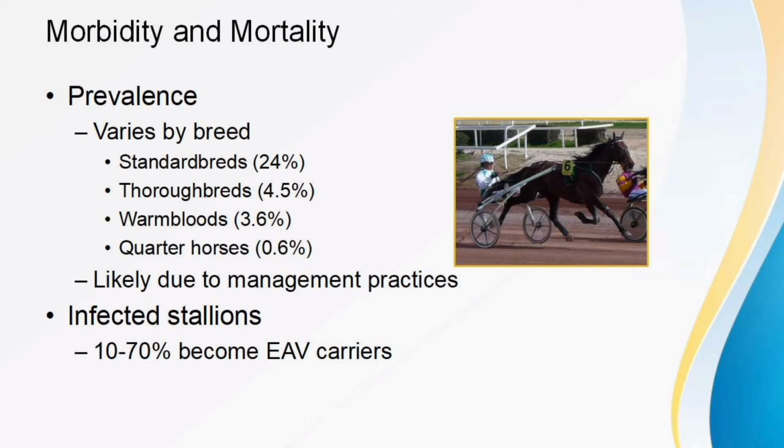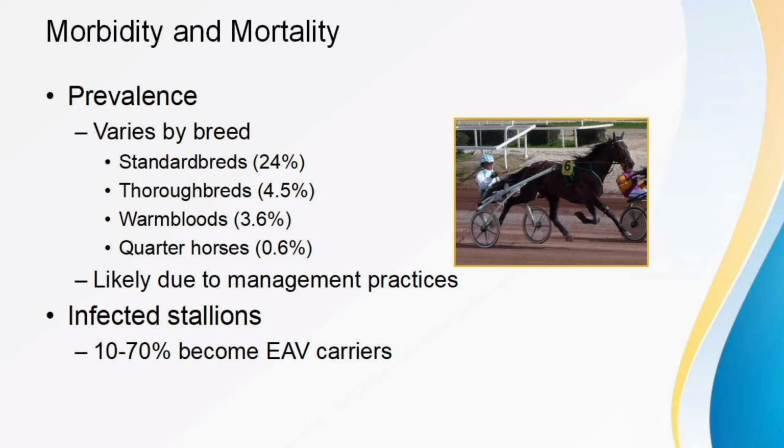The prevalence of the equine arteritis virus varies significantly among the horse breeds. In the United States of America, this infection is particularly common among the standardbreds.